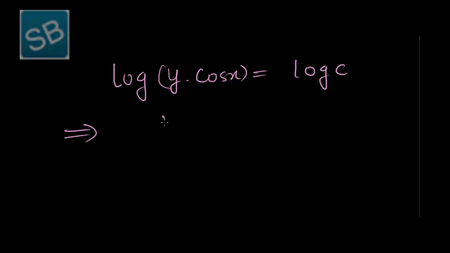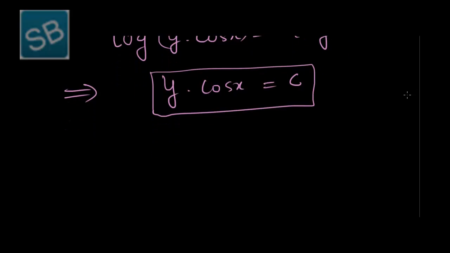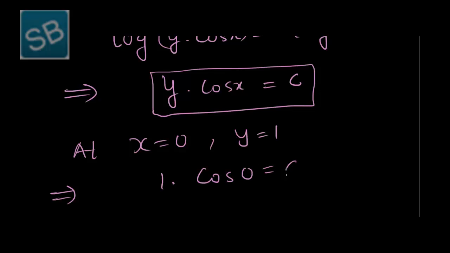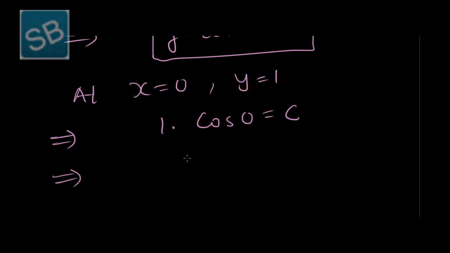So that gives y into cos x is equal to c. As we have to find the particular solution, and at x is equal to 0, y is equal to 1, we get 1 into cos 0 is equal to c. Cos 0 is 1, therefore 1 into 1 is 1, therefore c is equal to 1.